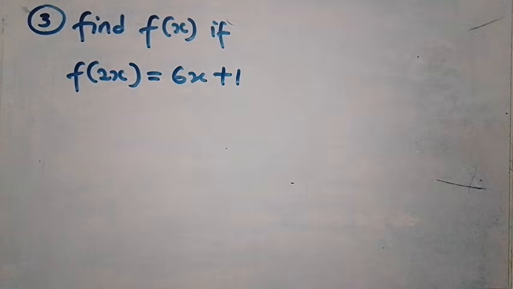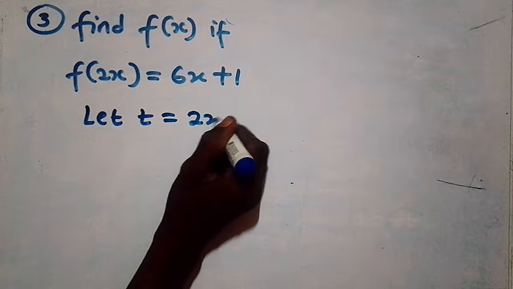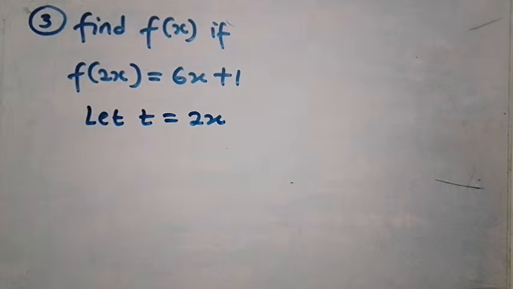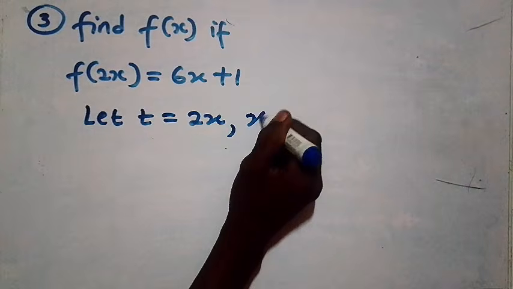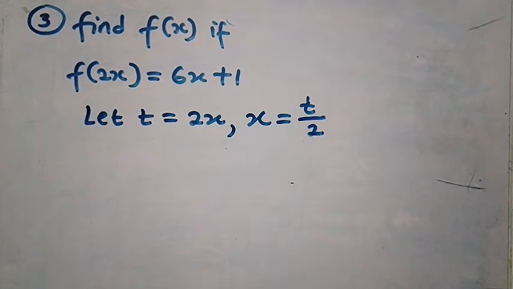Now question 3. Find f of x if f of 2x equals 6x plus 1. If I'm having a function like this as well, the operation here is multiplication. So we introduce a new variable, which is t. You can just say let t equals 2x. If I want to make x the subject, x will be equal to t upon 2.